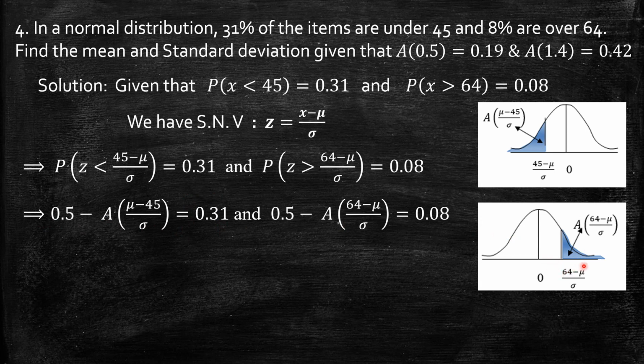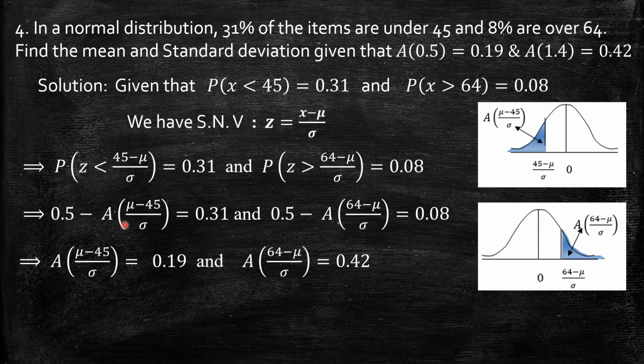And this area, if I want, the total area to the right is 0.5 minus the area from 0 to (64 minus mu) by sigma, that is A of (64 minus mu) by sigma, which is already given, that is 0.08. Now you simplify this and rearrange. That gives A of (mu minus 45) by sigma is 0.5 minus 0.31, that is 0.19, and A of (64 minus mu) by sigma is 0.5 minus 0.08, that is 0.42.